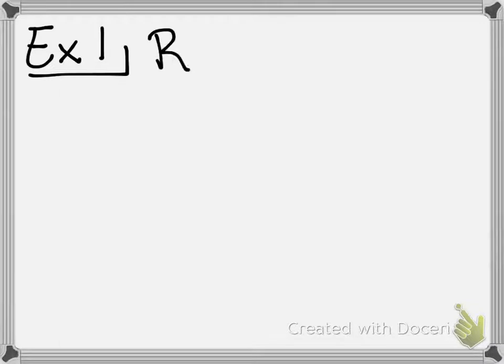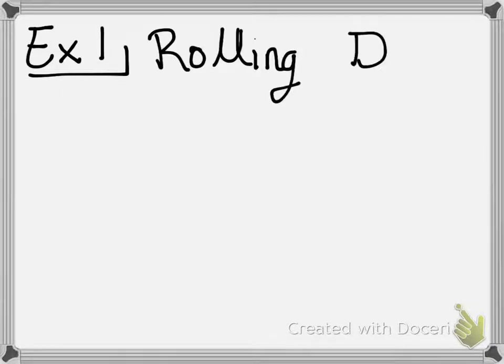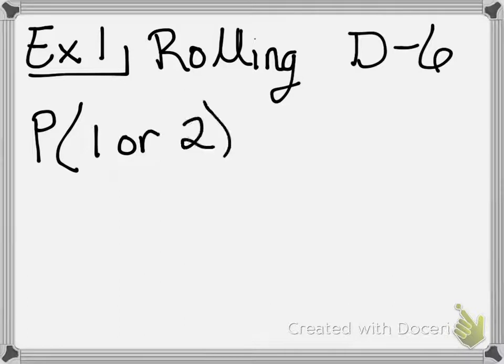So we are rolling a 6-sided die, so a D6, and we're going to find a few different probabilities here. So I want to figure out the probability of rolling a 1 or a 2.